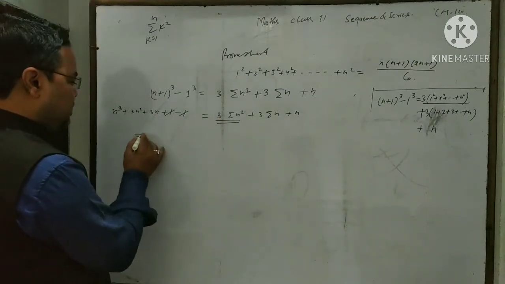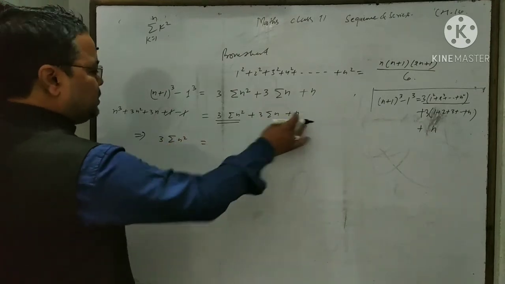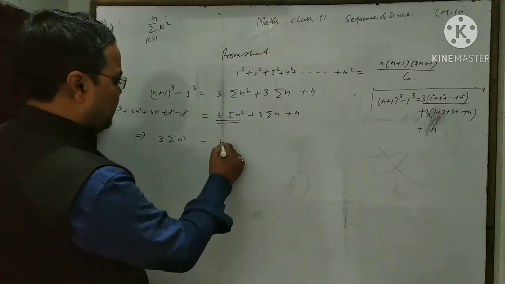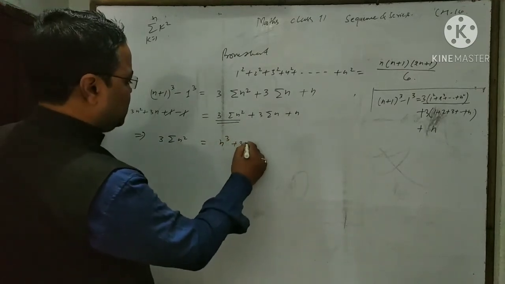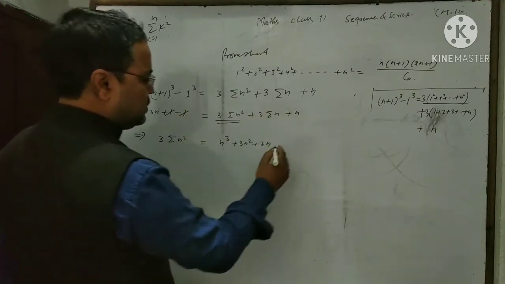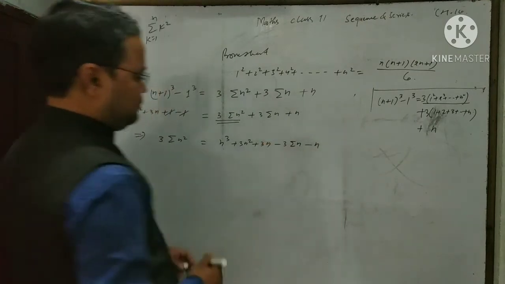This can be written as 3 sigma n², and transfer this and this to that side. The next step will be like this: n³ plus 3n² plus 3n, transfer this, minus 3 sigma n minus n.